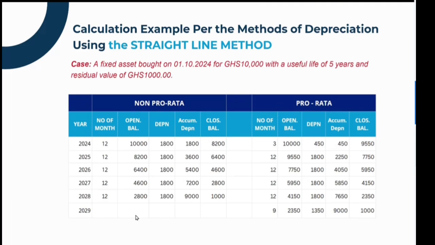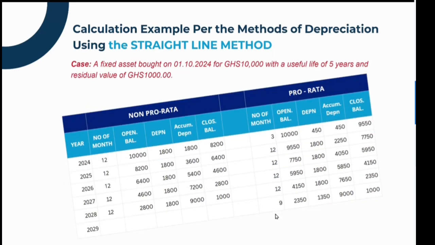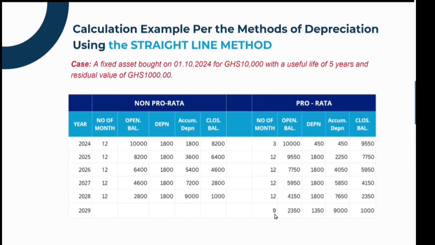Unlike the pro rata, because in the first year you can't charge the full depreciation, after the fifth year you will still be left with 9 months to charge, because the asset was bought in October 2024. You will need to charge 9 more months in the next year, which is the sixth year. So in this case, we will have 9 months to be charged over here.